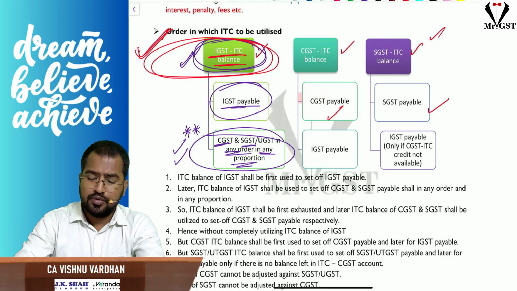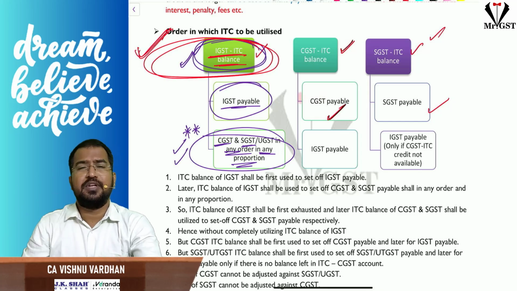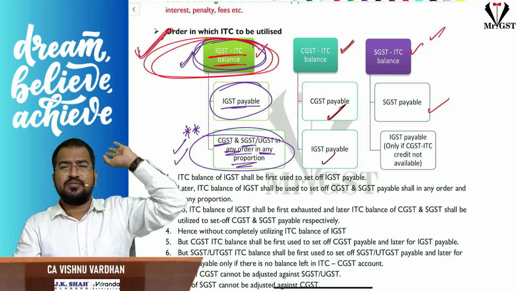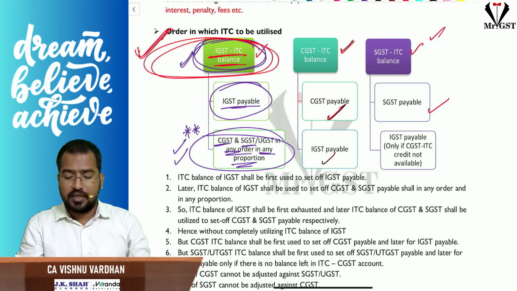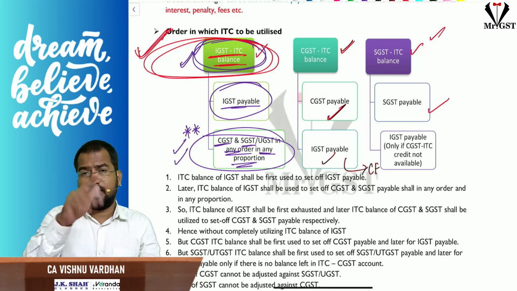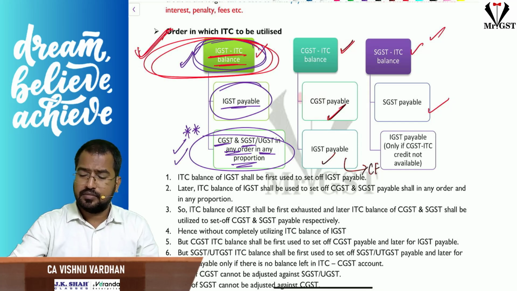First, the CGST ITC balance you use for CGST payable. Still if you have money there, IGST payable may be there. If IGST payable is still there, you use it for that. Till you have balance, then you can carry forward. You cannot use it for SGST payable. Same way, SGST ITC, use it for SGST payable.